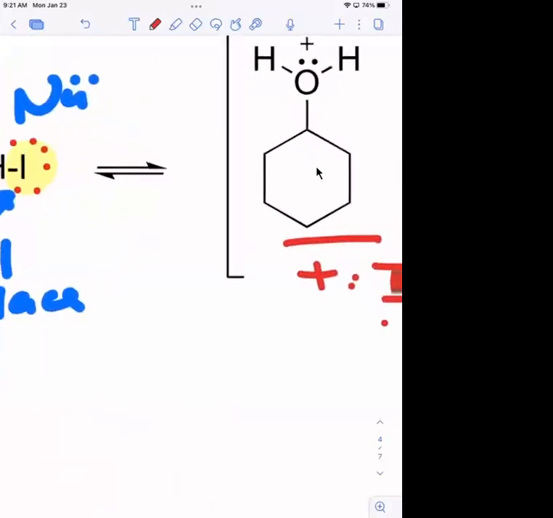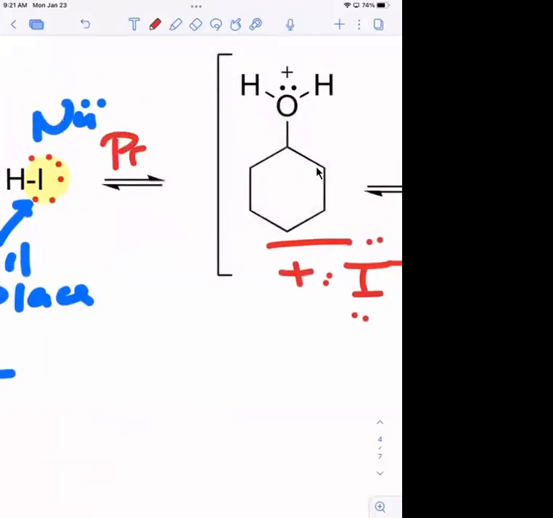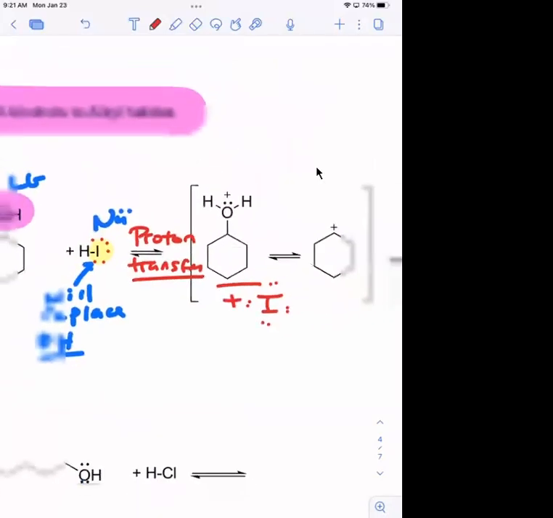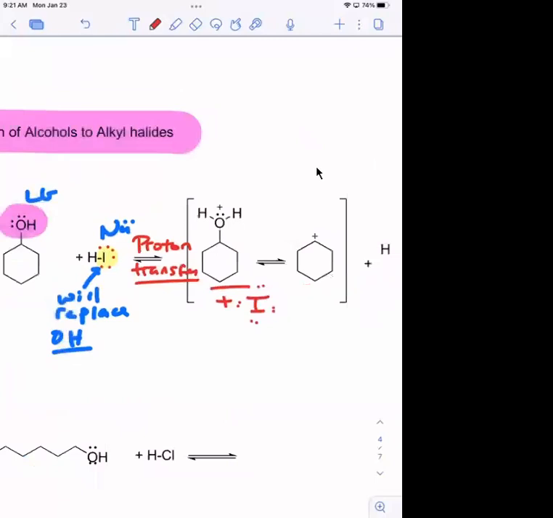So that first step is what we call a proton transfer. That's something we talked about quite a bit when we were studying acids and bases. A proton is just H plus, a hydrogen with no electrons.